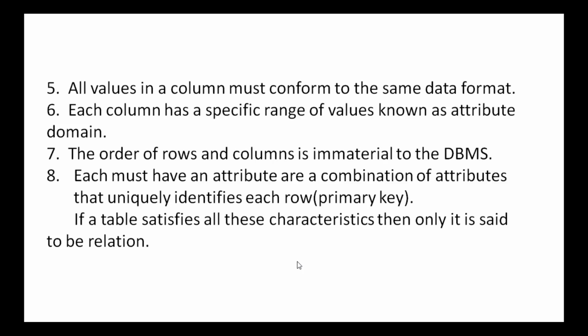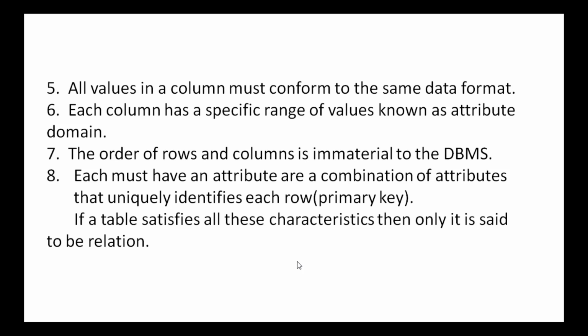And coming to next, all values in a column must conform to the same data format. That means if in one column we are going to store numbers, then all values must be in number format.